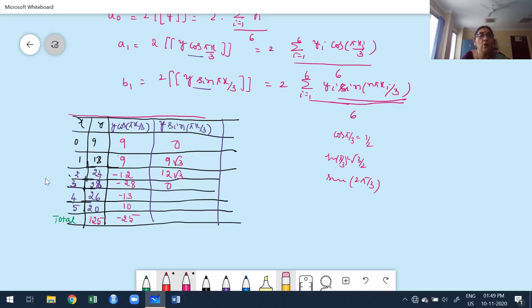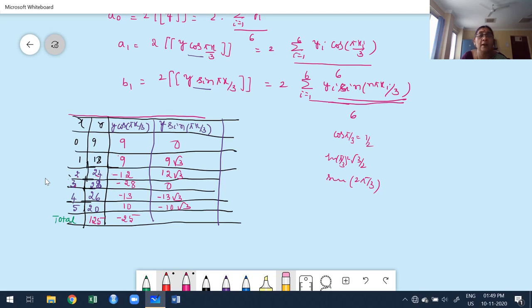Next, 4. Sine of 4 pi by 3 is minus root 3 by 2 into 26. What do we get? Minus 13 root 3. Next, x is equal to 5, sine of 5 pi by 3 is minus root 3 by 2 into 20. We get minus 10 root 3.